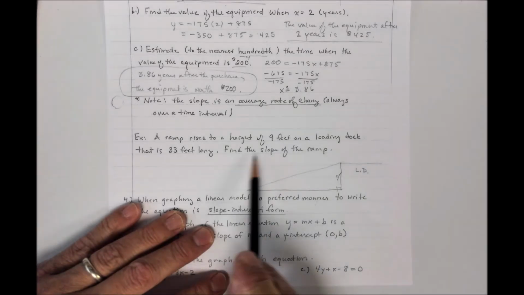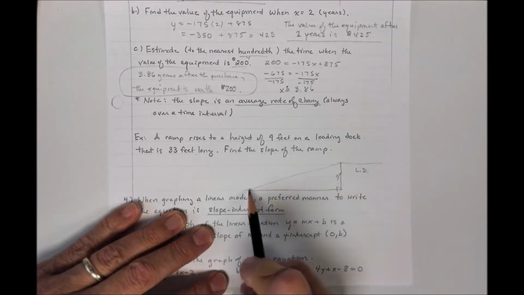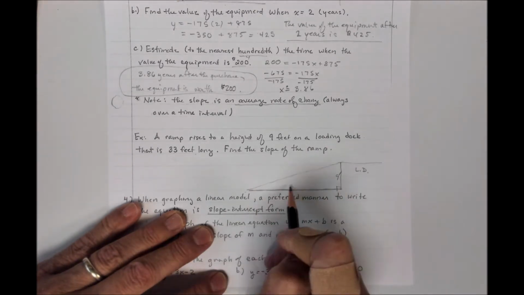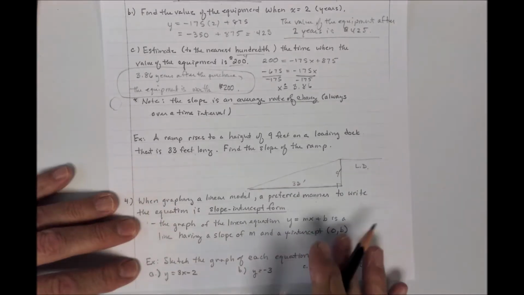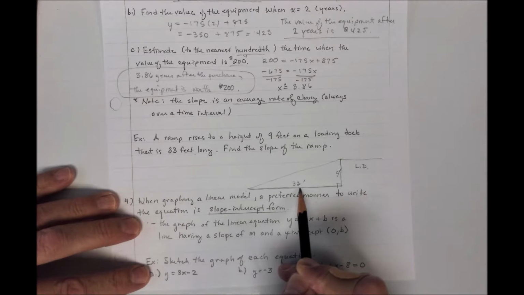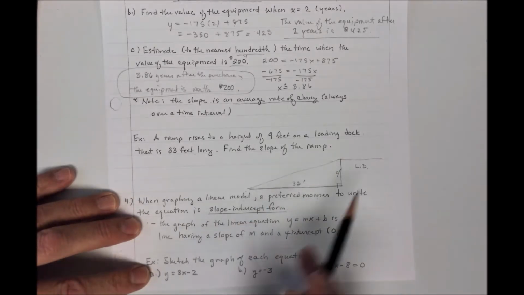And we have 33 feet long here. It says as far as the loading dock, this is 33 feet this way. Okay, single tick mark. So this is my rise and this is my run, and I'm going kind of up to the right, as far as my picture is concerned here.